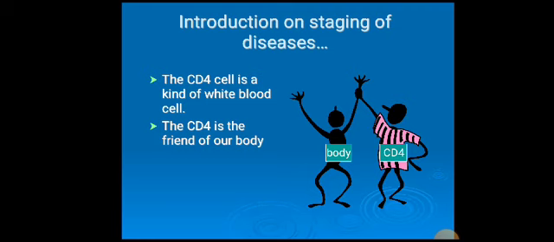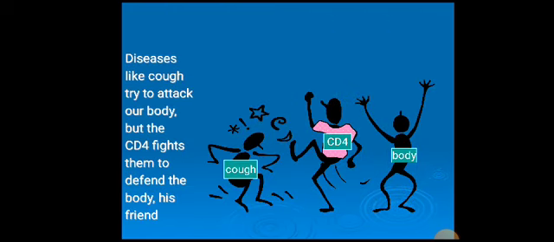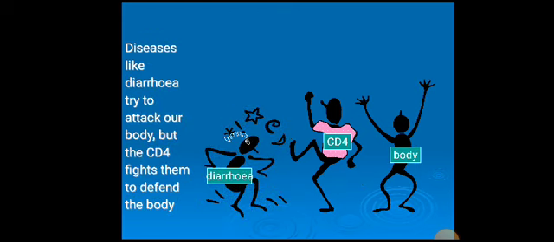Initially the CD4 count is high and the body is healthy. Later on, when an infection like fever or cough starts to attack any human being, the CD4 will defend the body.